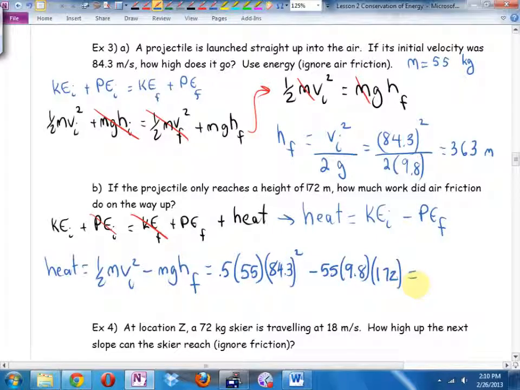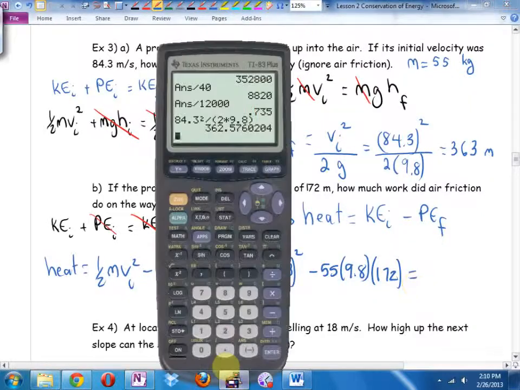How much energy went into heating up air molecules, moving them around, giving our kinetic energy to the air molecules, the sound that you heard, all the dissipative energies, the energies that steal from our system? A fair bit, because it went barely half as high as originally.